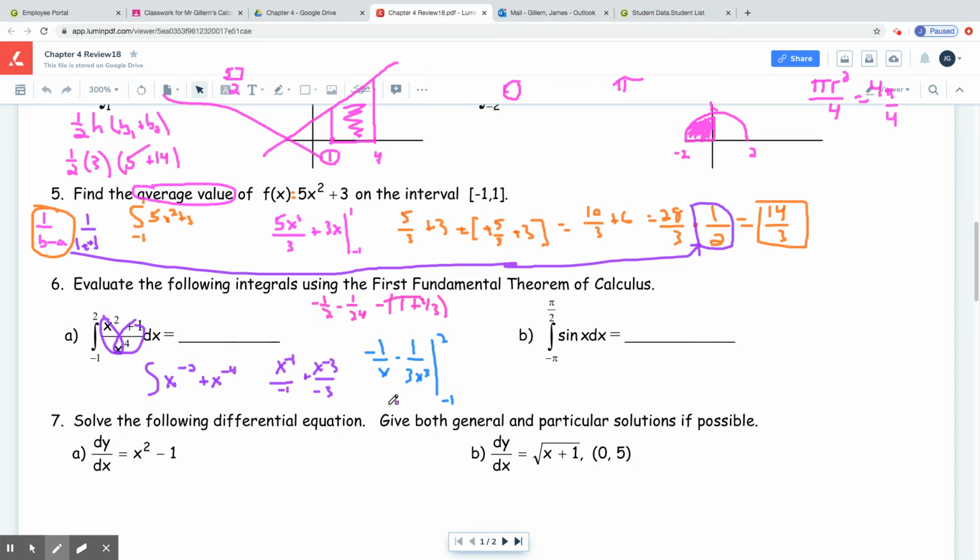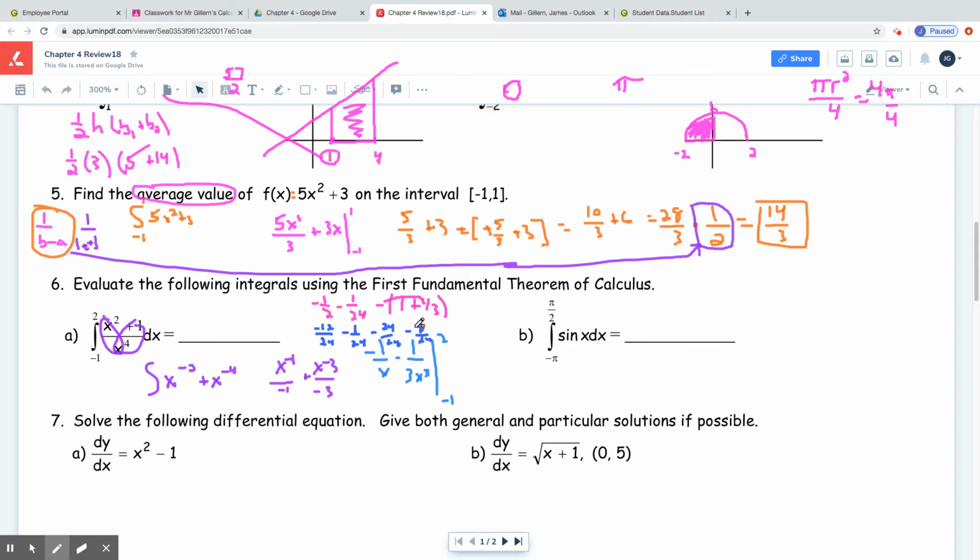All right, so let's change this to all 24ths just to keep it simple, and that's going to be negative 12 24ths minus 1/24 minus 24 24ths minus 8 24ths.